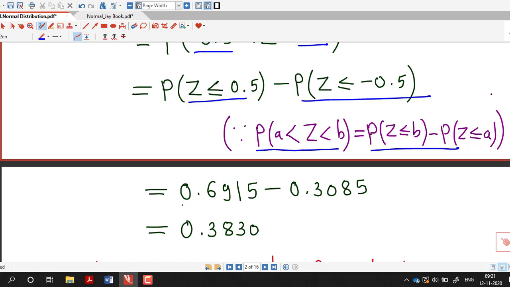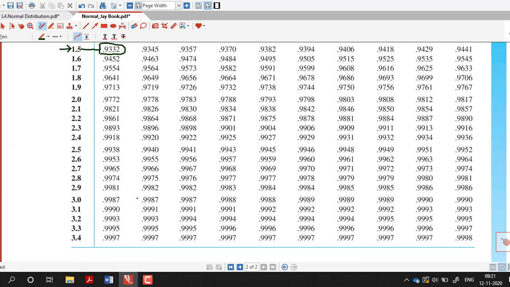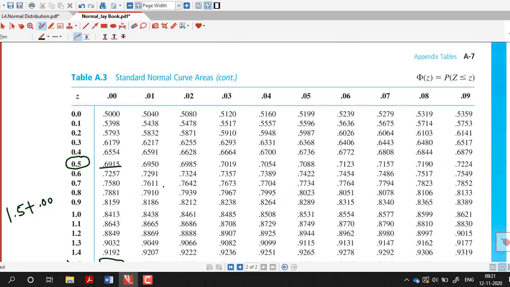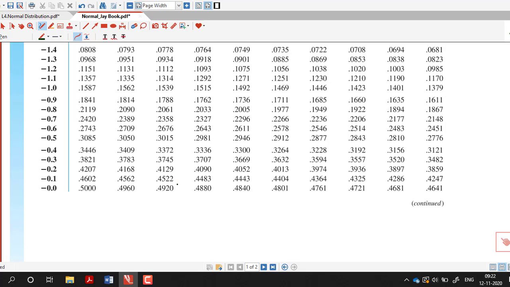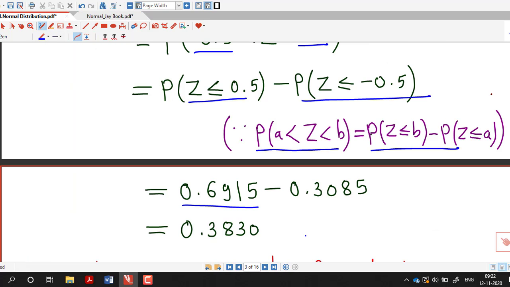Then we look for Z equal to -0.5. I have to go for negative values. For Z equal to -0.5 it is 0.3085, and the difference of these two is 0.3830.